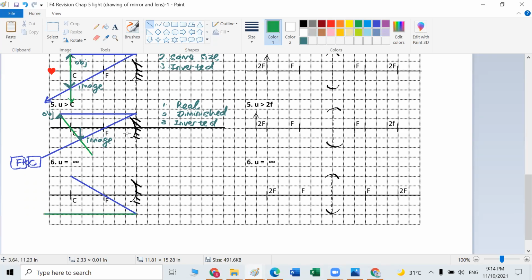Then C means the light comes from infinity, and when it comes from infinity, it will be parallel to the F. So you can proceed like that.